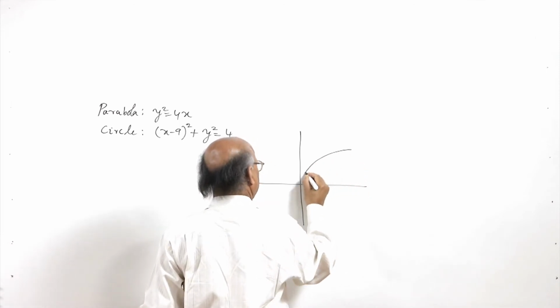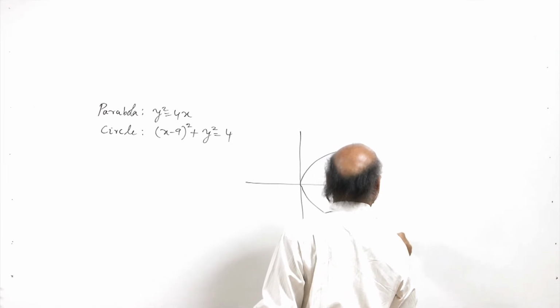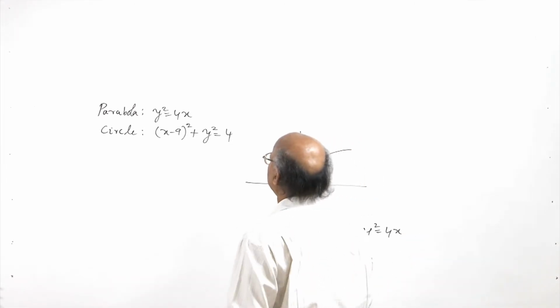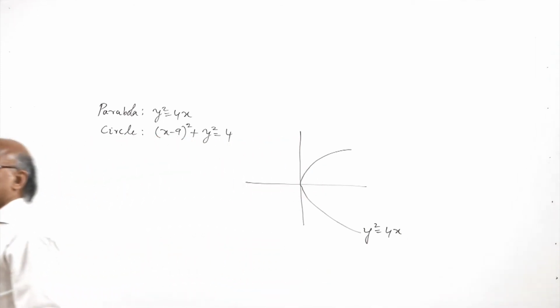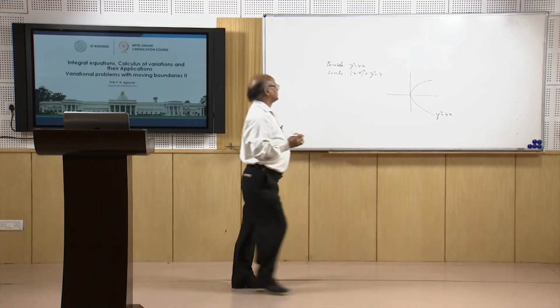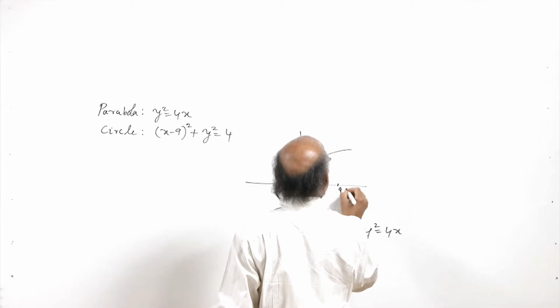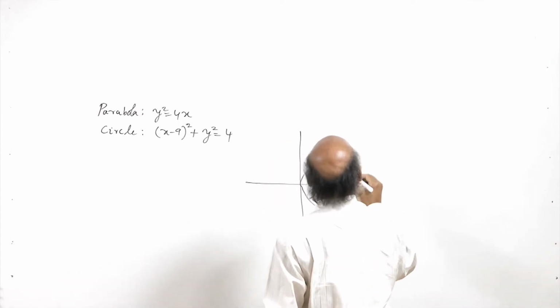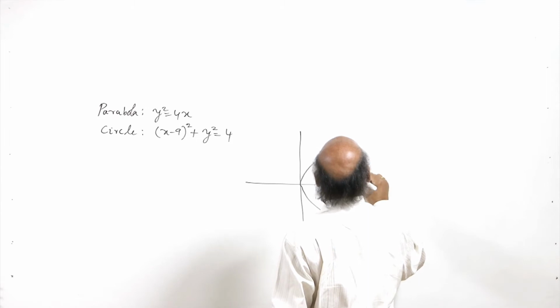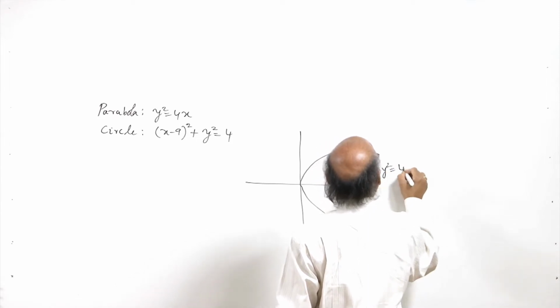Let us say this is your parabola y square equal to 4x. The circle has center at 9, 0 and radius 2. So let us say this is your circle, and radius is 2. So this is your circle, (x minus 9) whole square plus y square equal to 4.